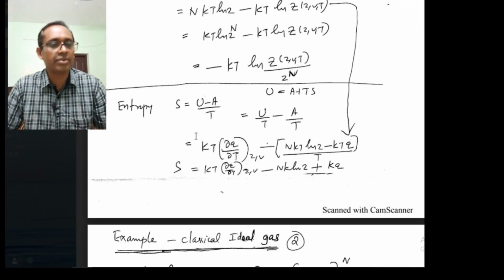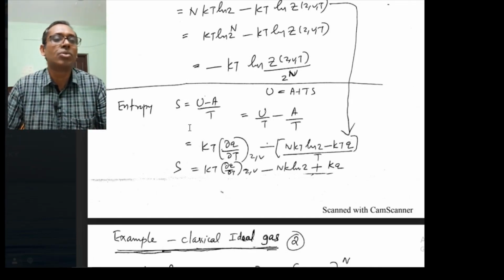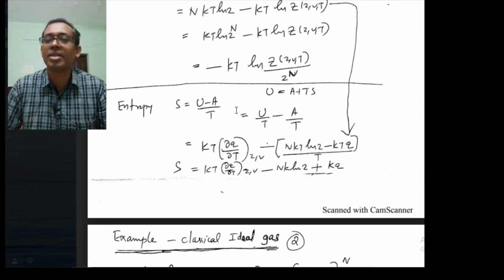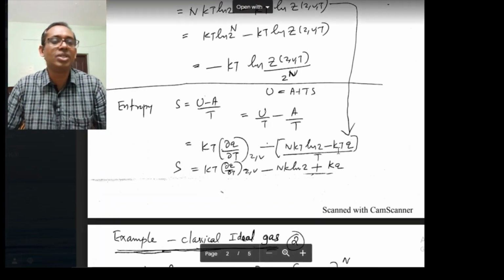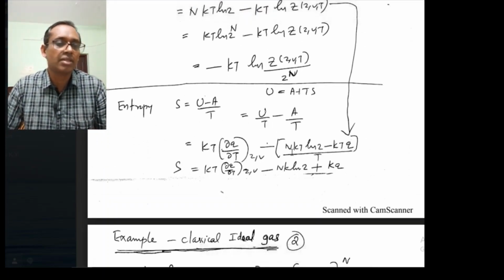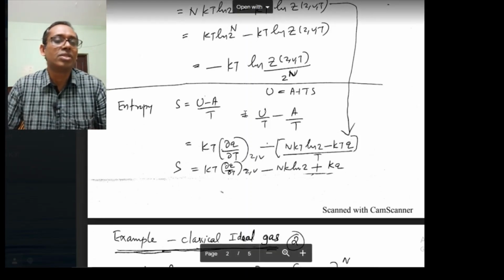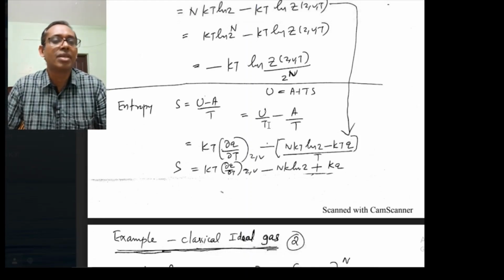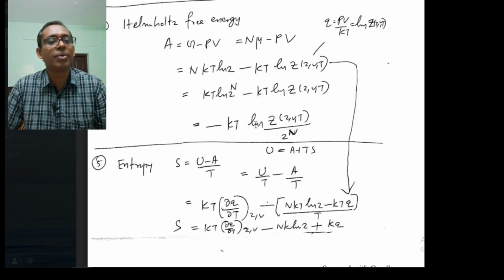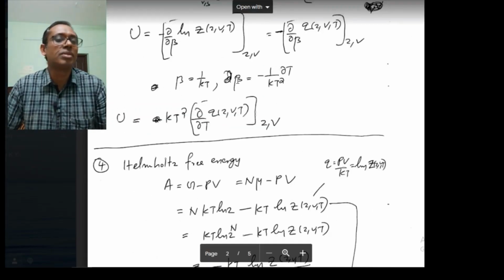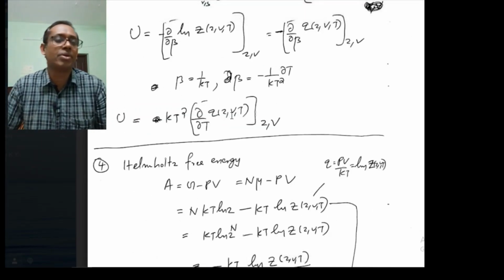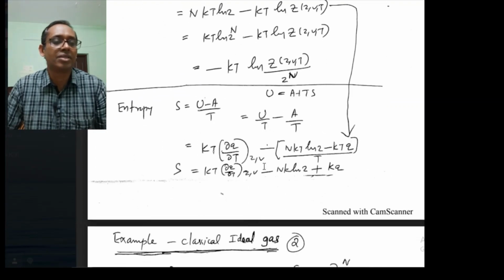Now we have the expression for entropy. Entropy S is U minus A by T, because U is A plus TS, that we have seen. So this is U by T minus A by T. U we know is kT square dou by dou T of log Q, so I substitute here.